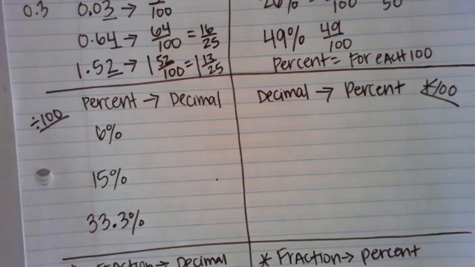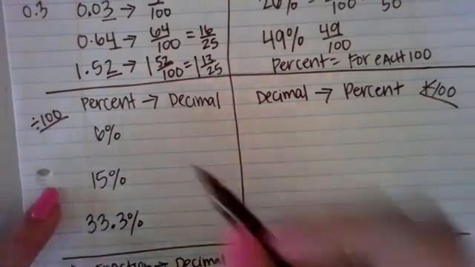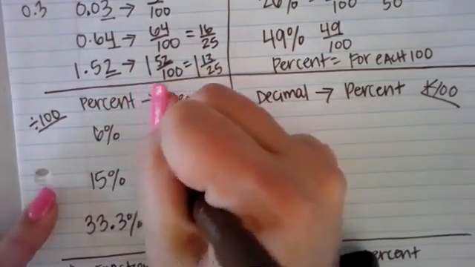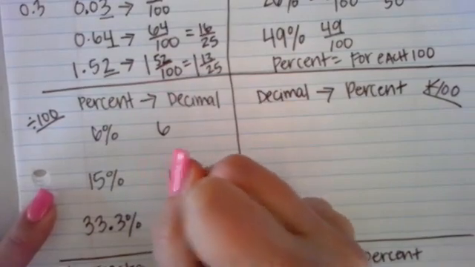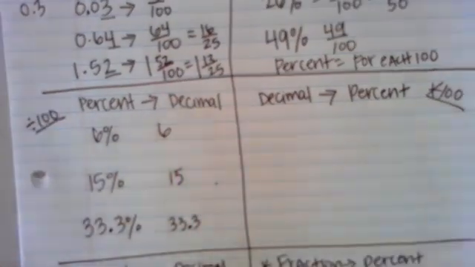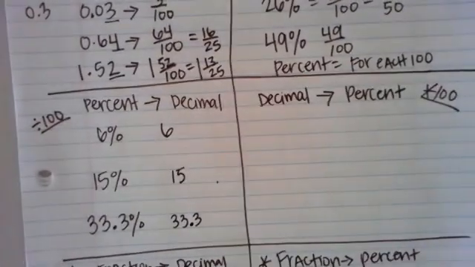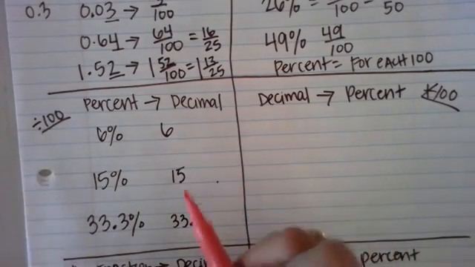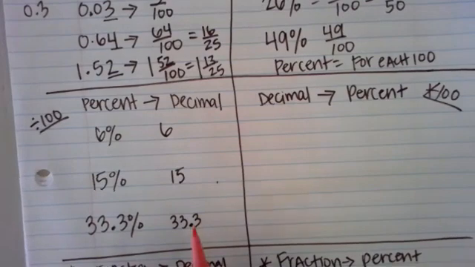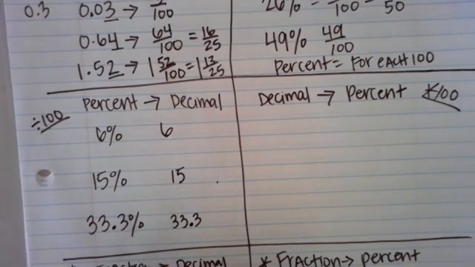I could set up long division, but why do that? The visual trick is to take the percentage, so 6, 15, 33.3, and move our decimal place 2 places backwards, to the left, because every time we move a decimal place forward or backward, we're moving it by a base of 10.